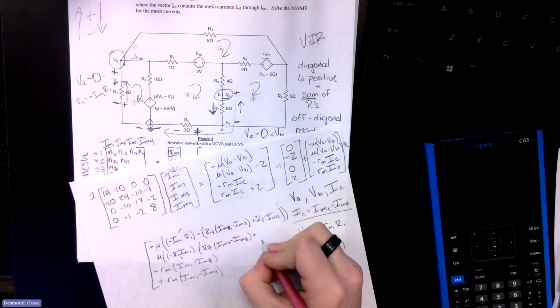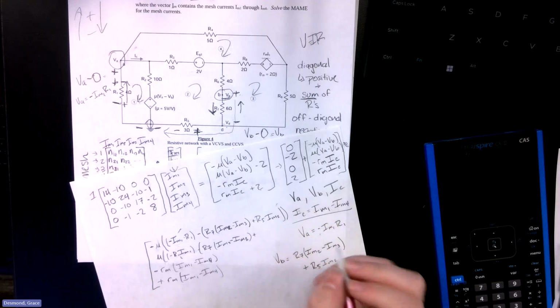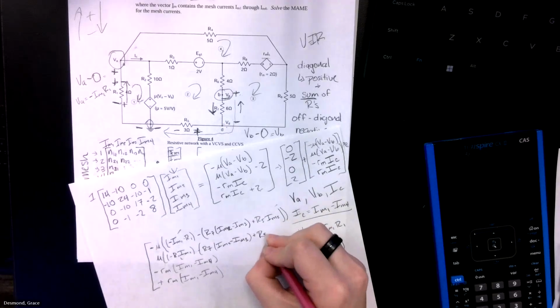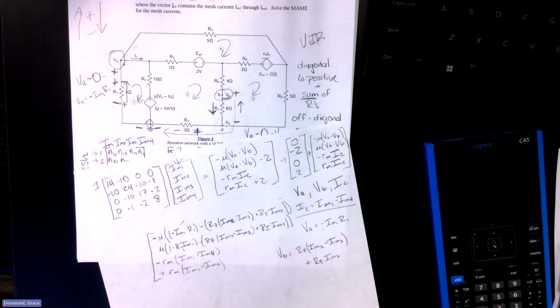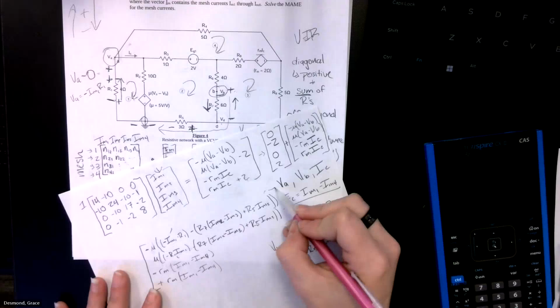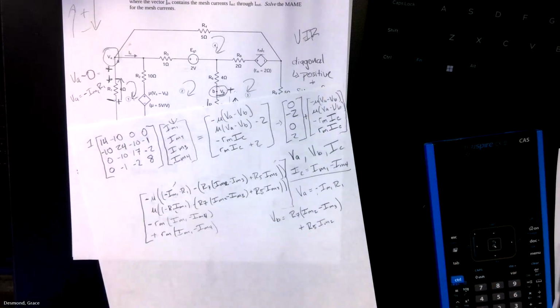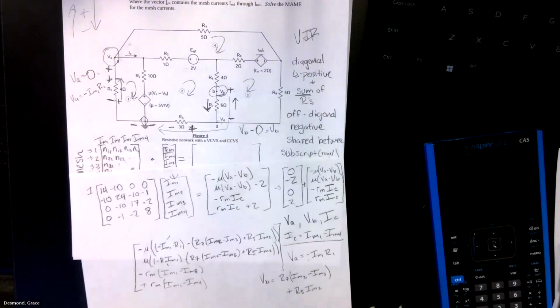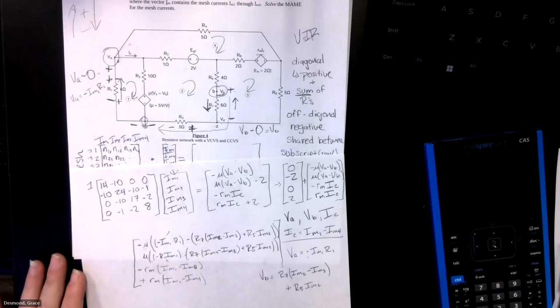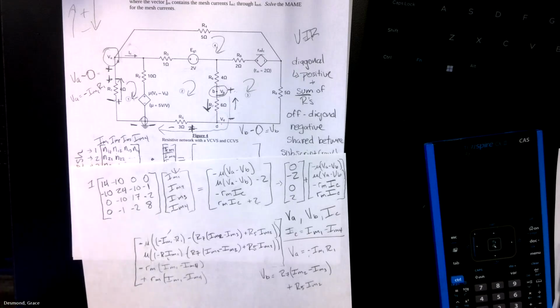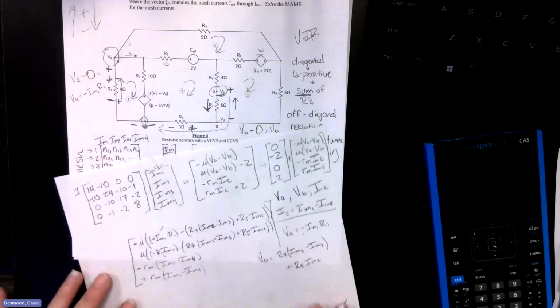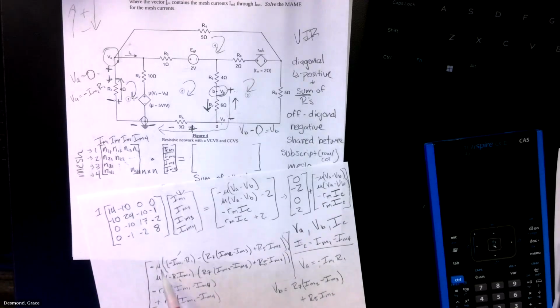And this is where, like I said, if you want to plug in numbers straight away, you can, but I'm just writing it out so that you can see why. I don't know if that's the right number of parentheses, but we're just going to go with it. So what we're going to do now is plug in numbers first. Do you mind if I go ahead and distribute though?